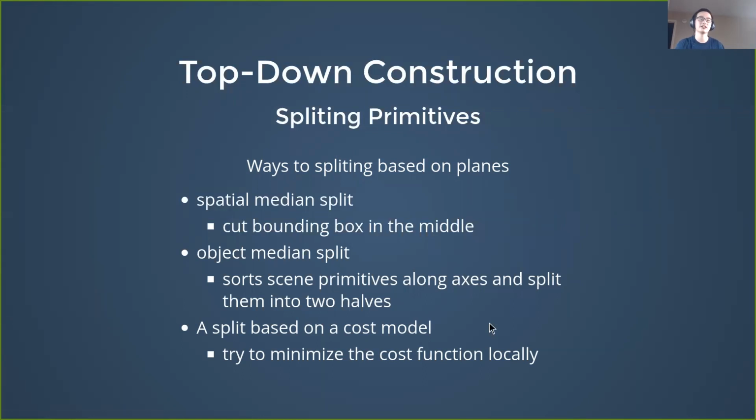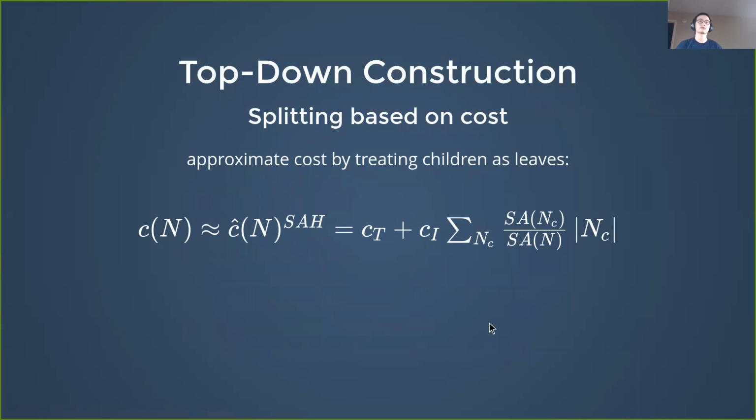And the third one is to split based on the cost model, which ties back into our previous talk about cost functions. The idea is to try to minimize the cost function locally to get a high quality BVH. When we do BVH construction, we don't know about the children yet, so we cannot use the cost function of the children nodes.